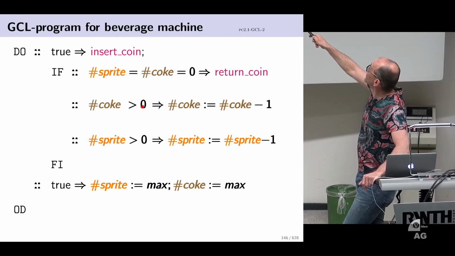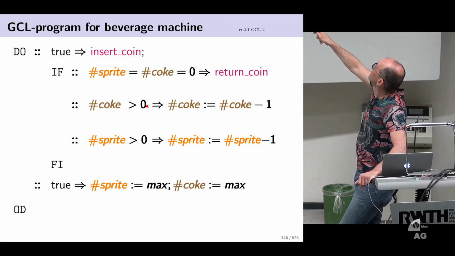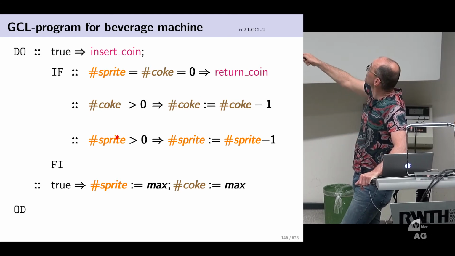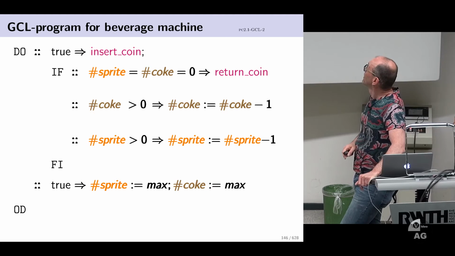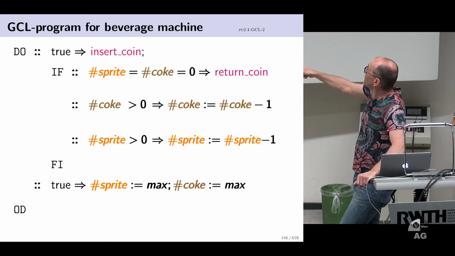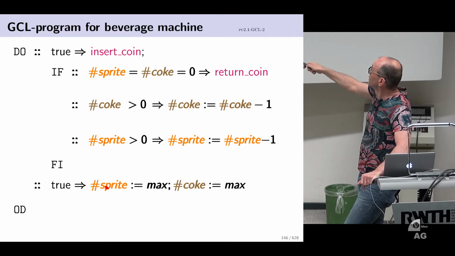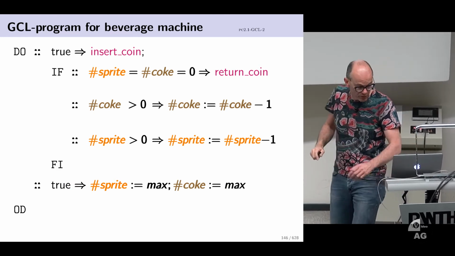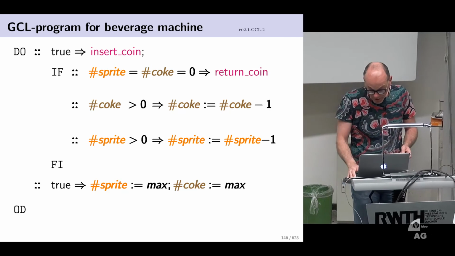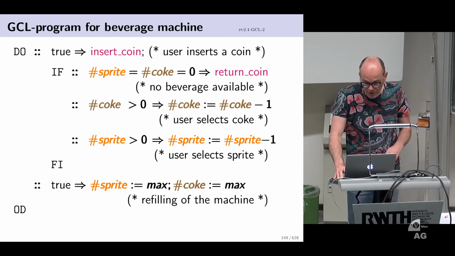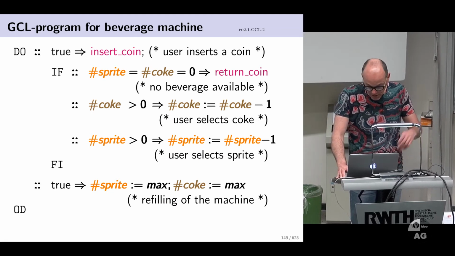If there is at least a Coke bottle, then you can get a Coke bottle. If there is at least a Sprite bottle, you can get a Sprite bottle. And the second possibility in this loop is that you refill, which is always possible, so the guard is true. You refill, which means you refill both the number of Coke and the number of Sprite bottles. So this is: user inserts a coin, no beverage available, select Coke, select Sprite, etc. I think this is clear.